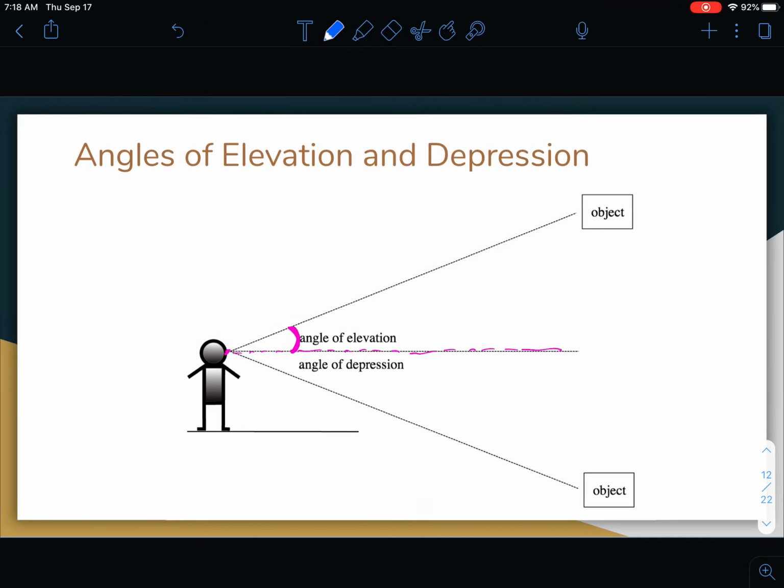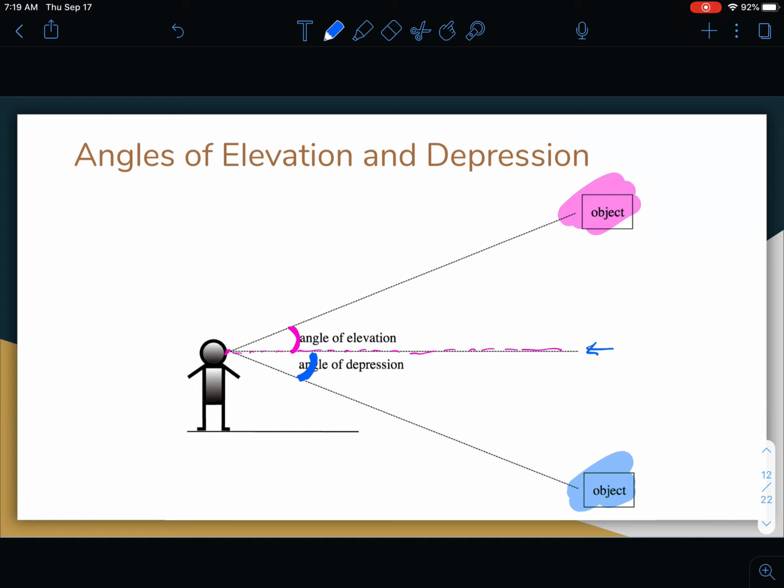So this is when he's looking up at this object here. If he's looking in this direction, that's your angle. And if he's looking down at an object down here, from horizontal, from this right here again, he's looking down, and it's this angle.